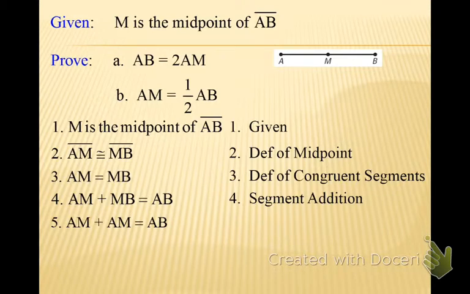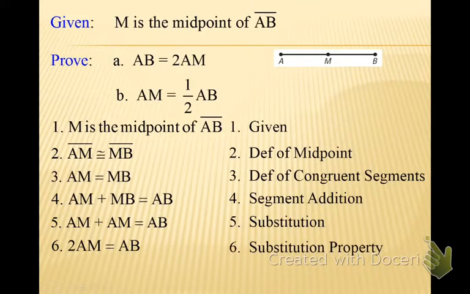Now, from here, we see that AM is equal to MB. And then we have MB down here. So we can substitute AM in for MB. And when we do that, we get AM plus AM equals AB. We do that by substitution. Now, simply combine like terms here. AM plus AM is 2AM.